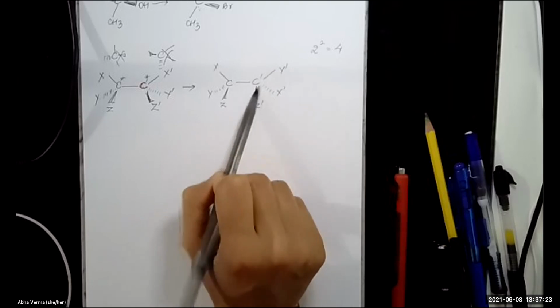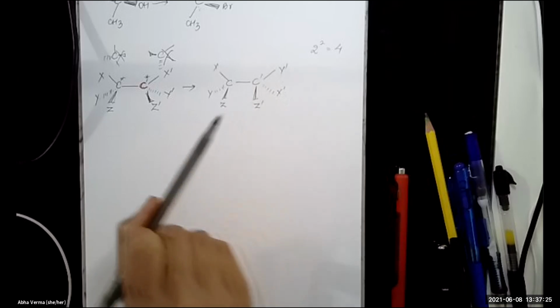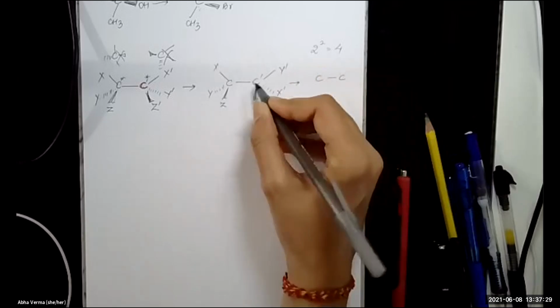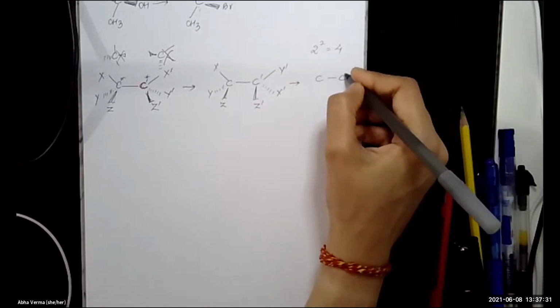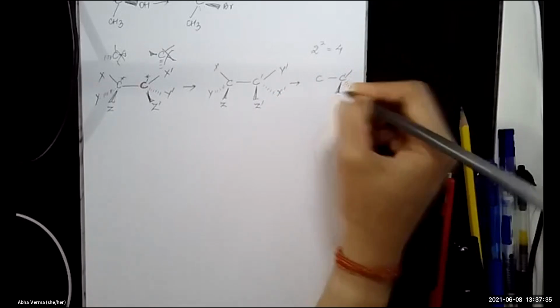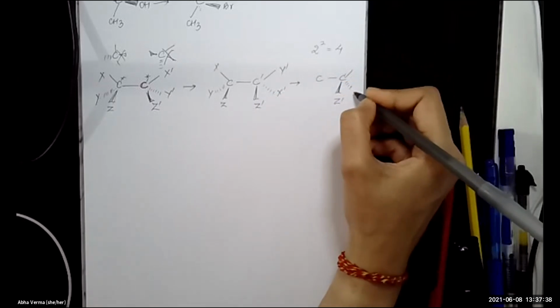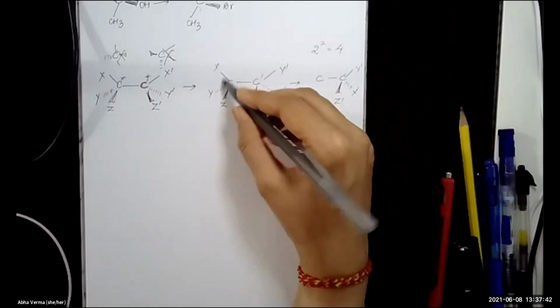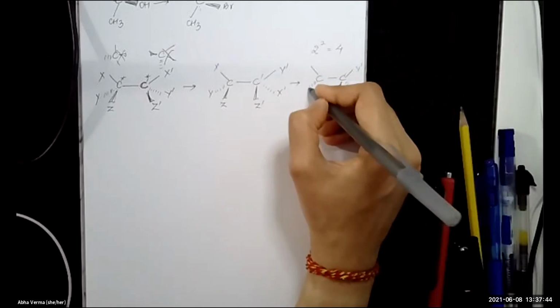What else can I do? Keeping them exactly the same, I can switch these two. So now, keeping the orientations exactly the same, C prime, X prime, Y prime, keeping the orientation here also exactly the same.